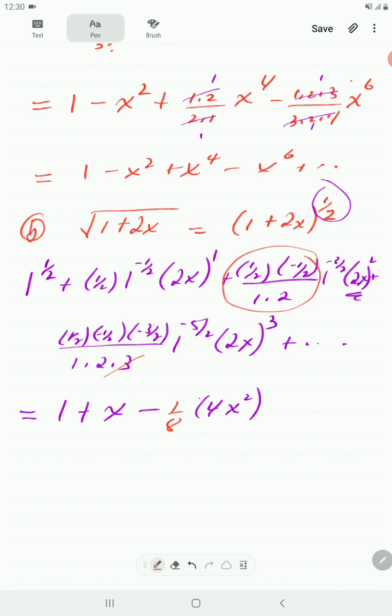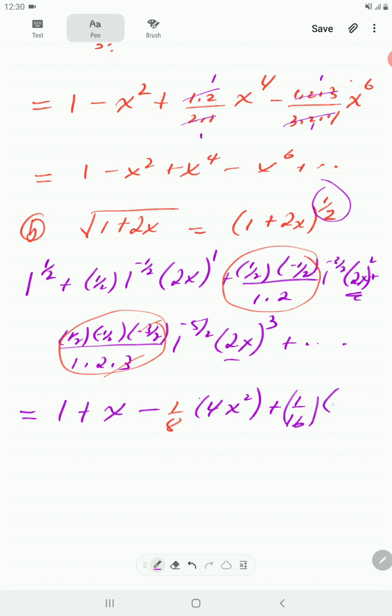This 3 is going to cancel out with that 3, so that this group of terms is now going to be giving us 1 over 8 times 2 is 16. 1 over 16.